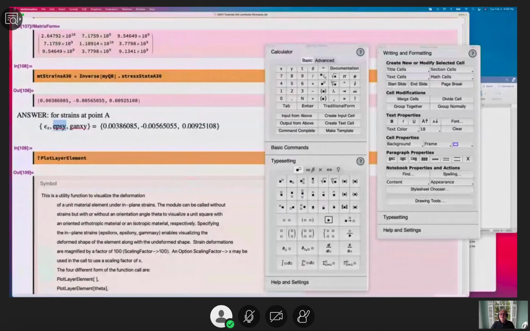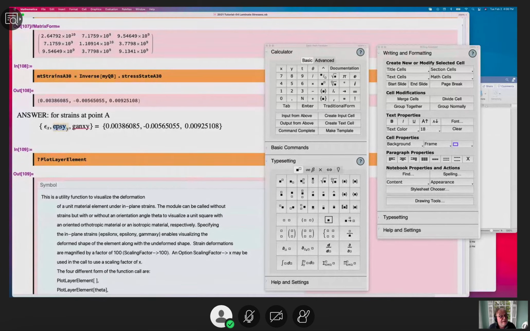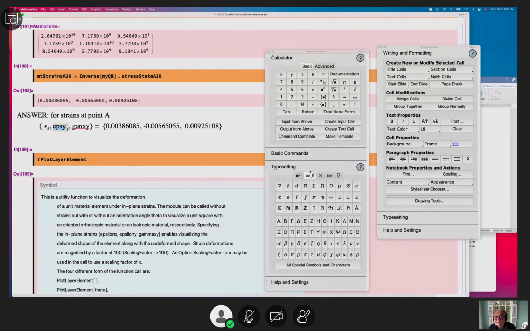So, for example, there is epsilon y. I'm going to pick this one, and the subscript is already generated there, and I'm going to put y. And I'm going to highlight epsilon x and come here and find, say, alphas and betas. So there should be some epsilon somewhere. There it is, epsilon. So epsilon y. And I'm going to make this gamma.